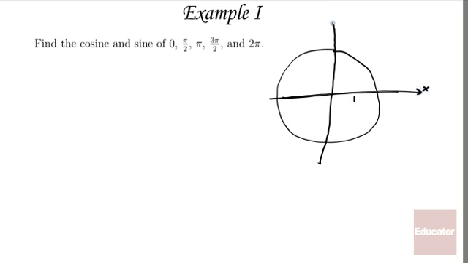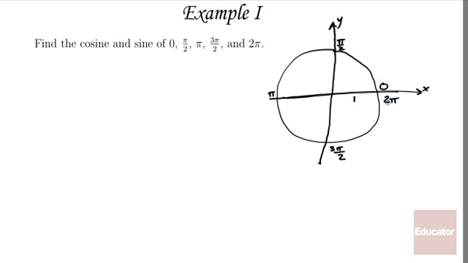So here's the x-axis. Here's the y-axis. There's 0. Pi over 2, remember that's the same as a 90-degree angle. That's a right angle, so that's up there, pi over 2. Pi is over here. That's 180 degrees. 3 pi over 2 is down here. And 2 pi is right here.